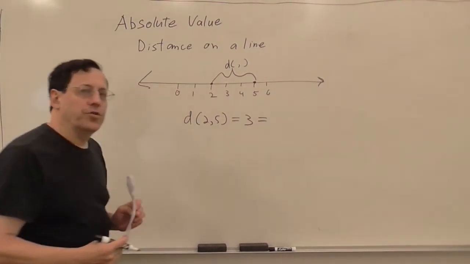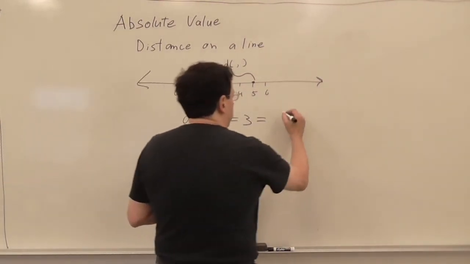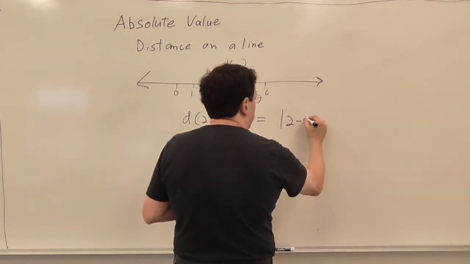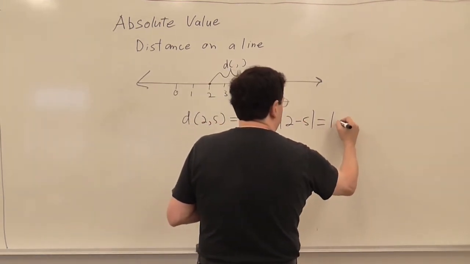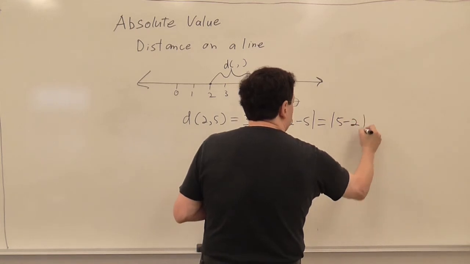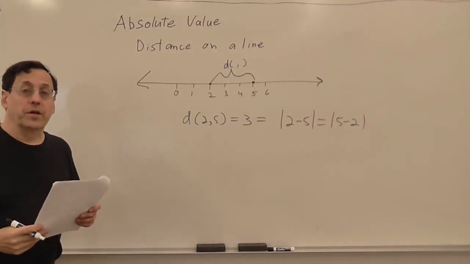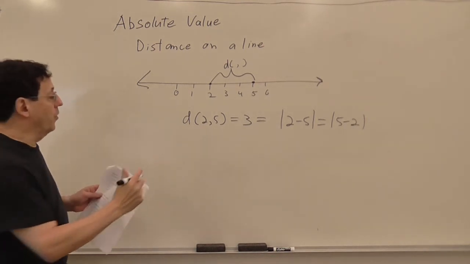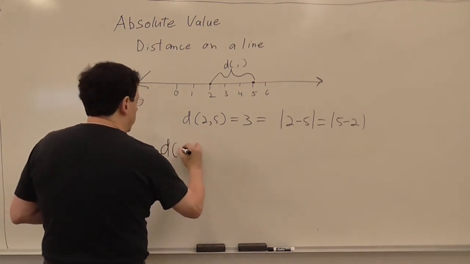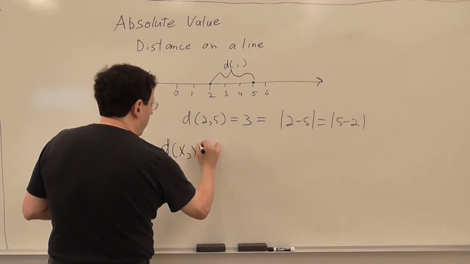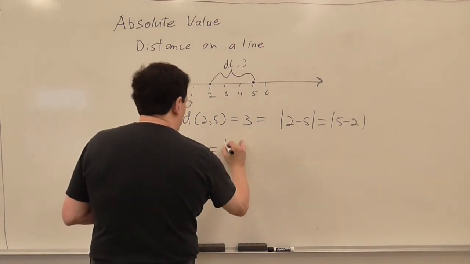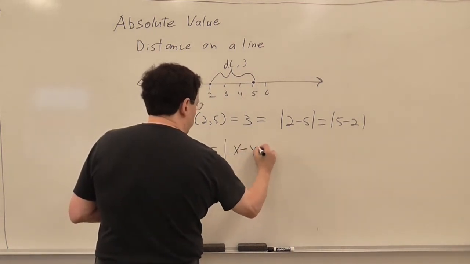But if you notice, it's also the absolute value of 2 minus 5, or the absolute value of 5 minus 2, which is going to be 3. The point of all this is we can define the distance between x and y on a line as the absolute value of x minus y.